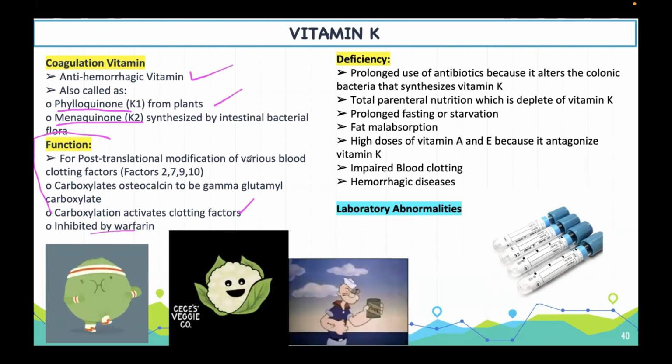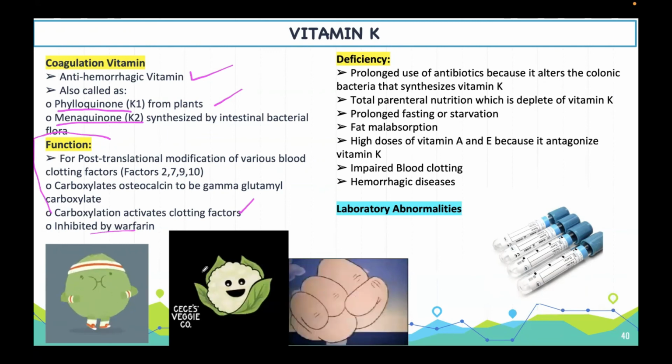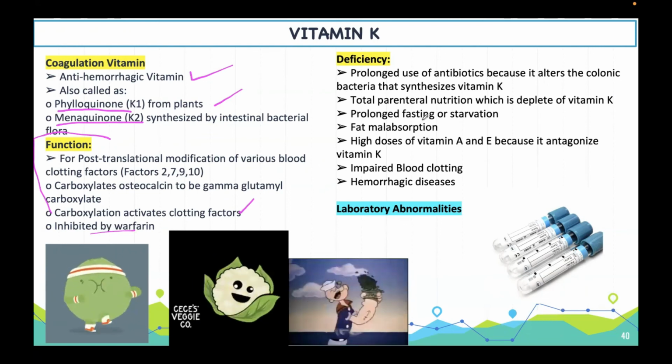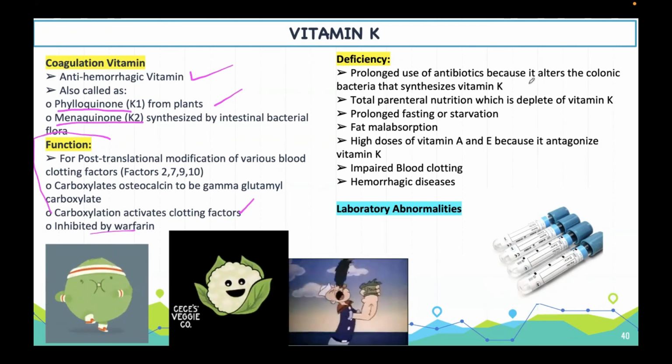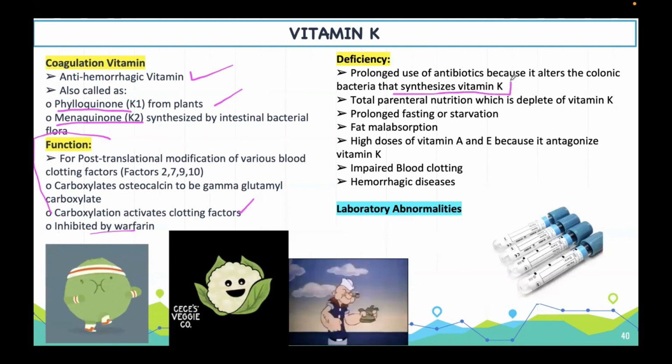So ano ba yung mga food sources natin for the vitamin K? Usually yung mga green sources natin, yan, sila spinach, sila cabbage, sila cauliflower, ayan, they are rich in your vitamin K. And what if naman si patient, mayroon po siyang deficiency in the vitamin K? Ito yung mga maaari niyang ma-encounter or mag-manifest sa kanya.